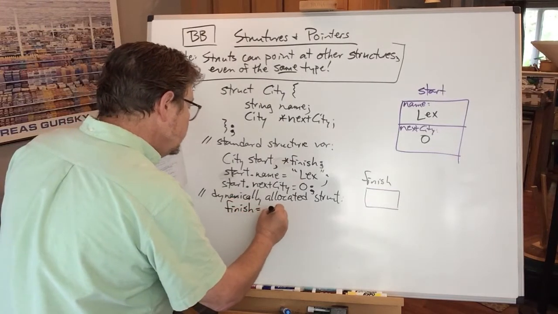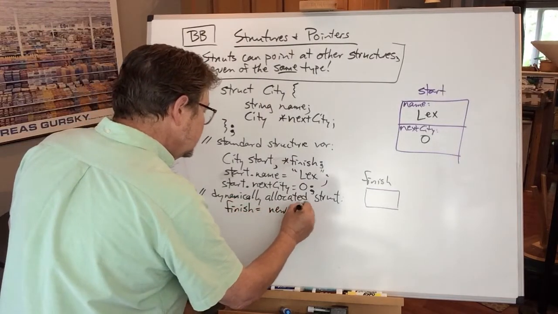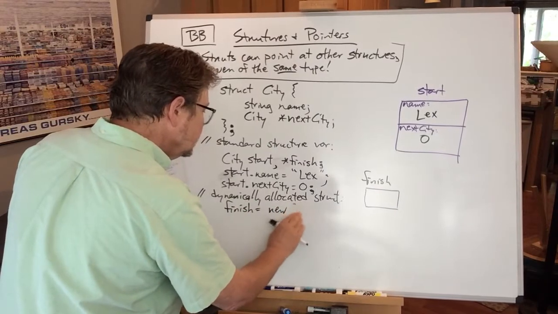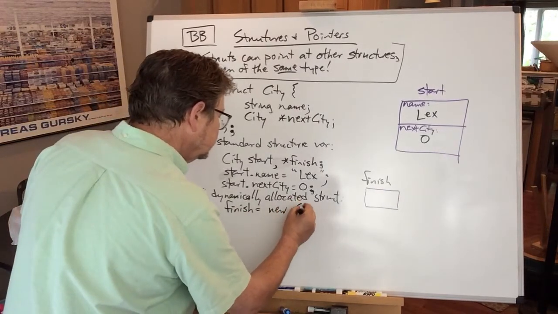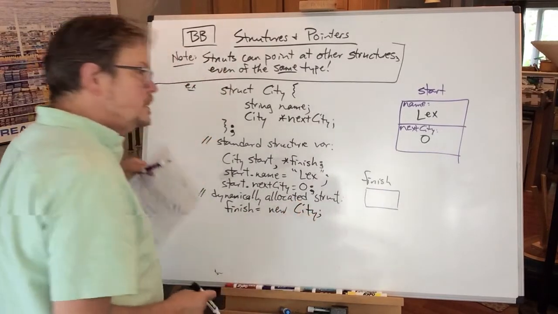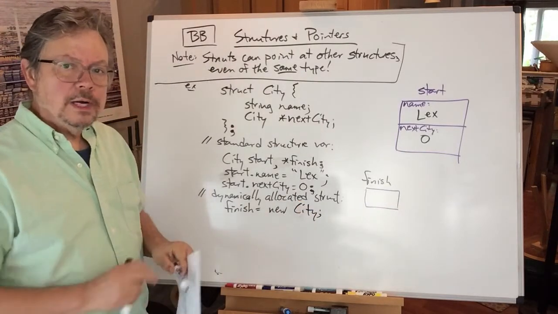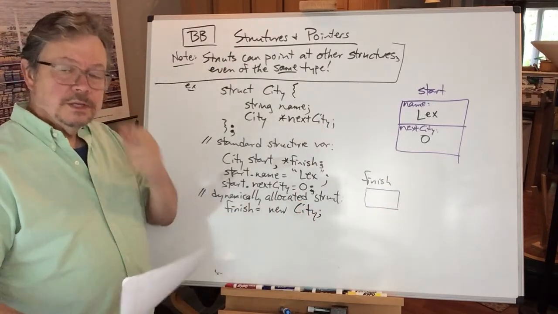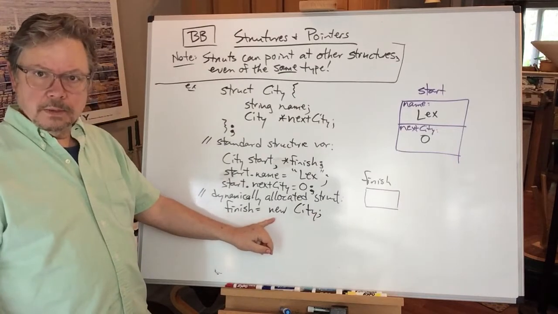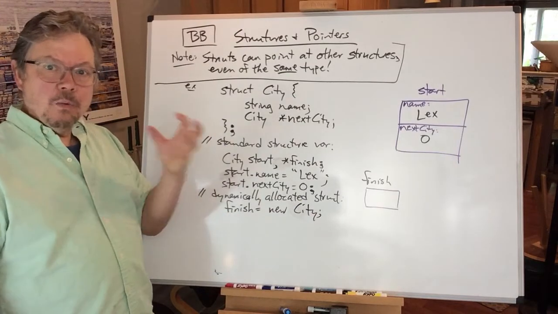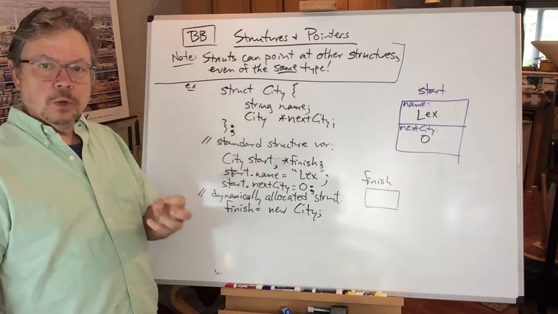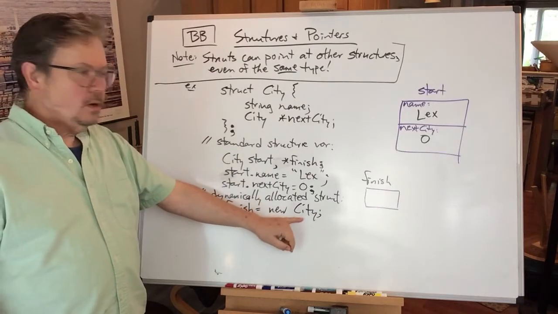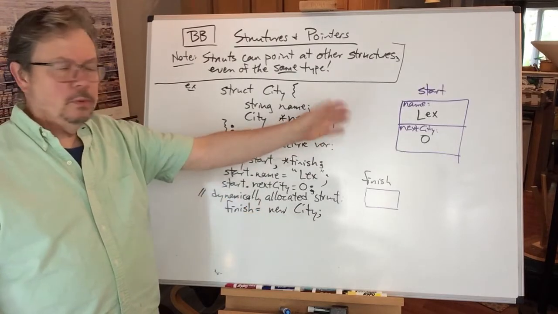equals new City with a capital C. Anything that's a data type that the compiler already knows about, you can tell the system using the new statement. You can tell it, I want a chunk of storage that's big enough to hold this thing. So it doesn't matter how large city is. It could be hundreds of bytes. Maybe we've got lots of fields in there.